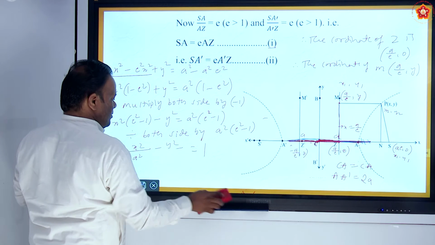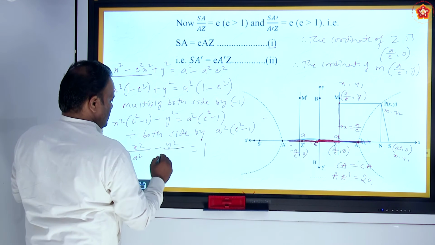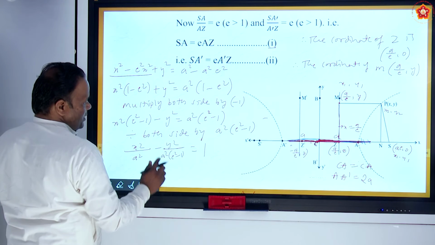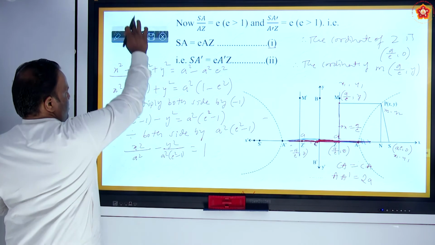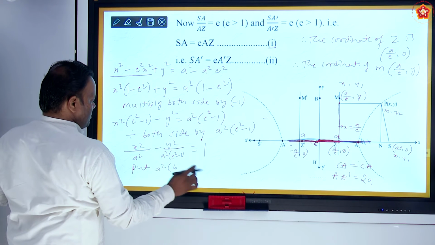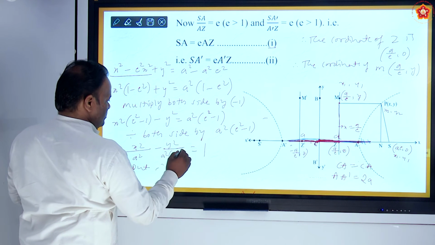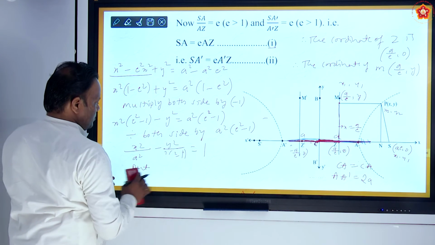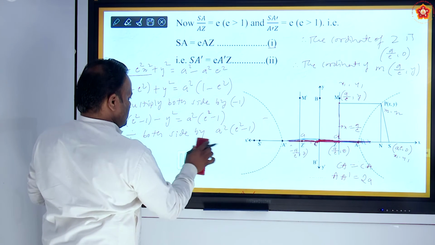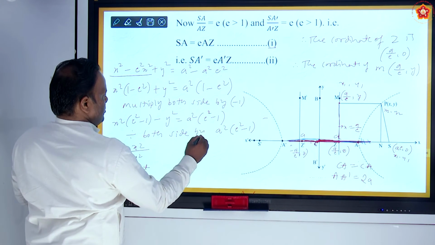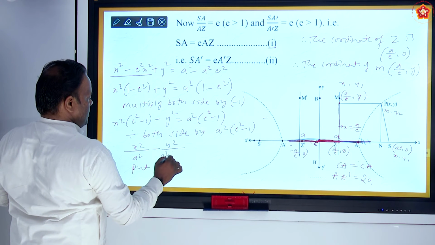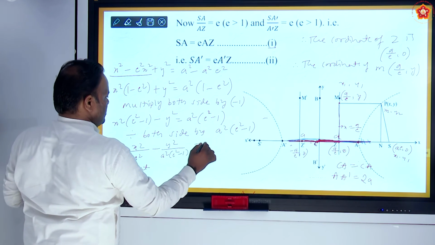So observe here, last step. Here e is greater than 1 by definition of hyperbola. So here, a square into e square minus 1, we divide here. Minus y square by a square into e square minus 1 is equal to 1.